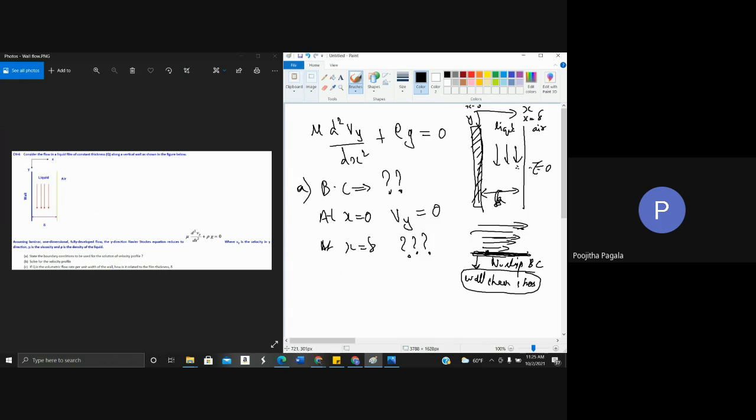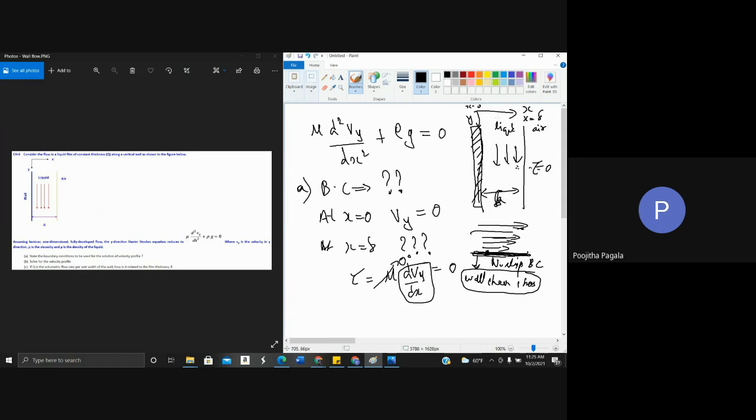Shear stress is 0, can you tell me? So Newton's law, because if you assume a Newtonian fluid, tau is equal to mu dVy by dx. For this to be zero, viscosity is not zero, which means dVy by dx is zero.